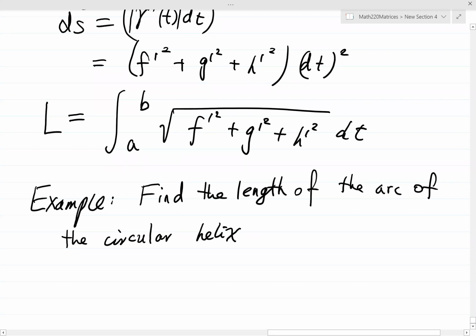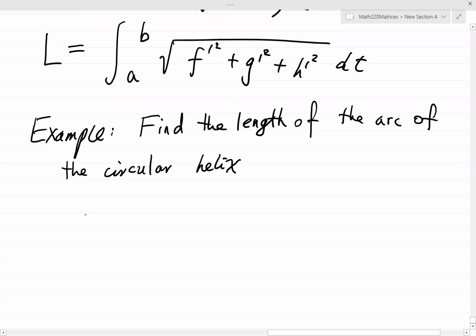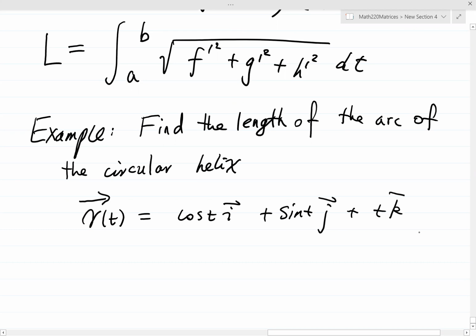Its equation will be r(t) equals cosine t i plus sine t j plus t k. Here t is from 0 to 2 pi.